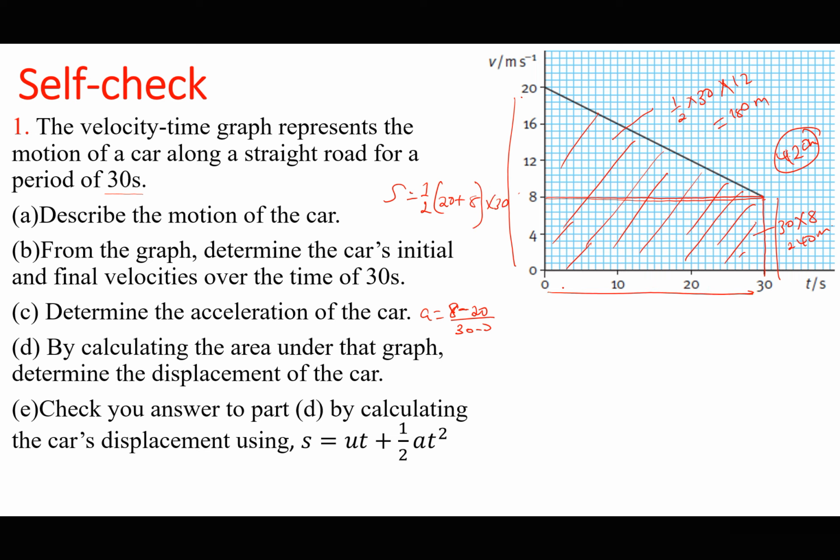This is going to be the H. I'm using the area of a trapezium, which is a half into A plus B times H. So this is going to be 28 times 30 divided by 2, which is 420.